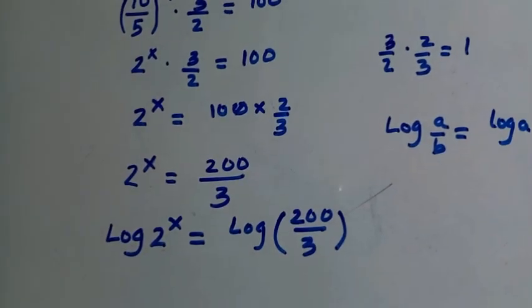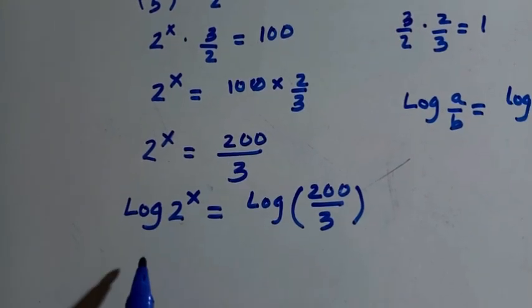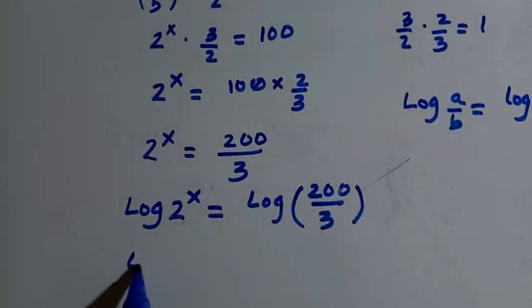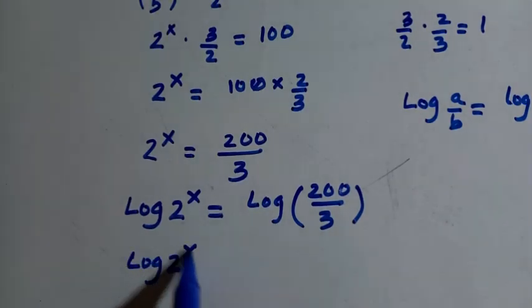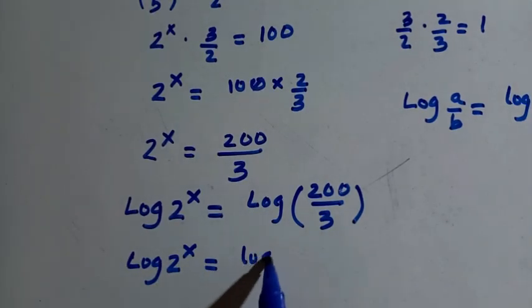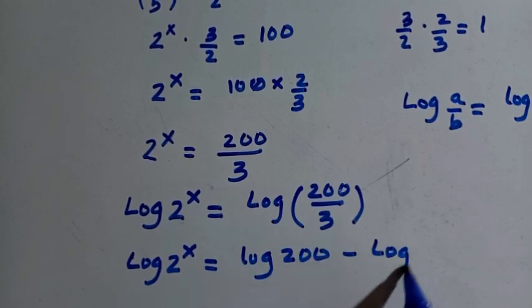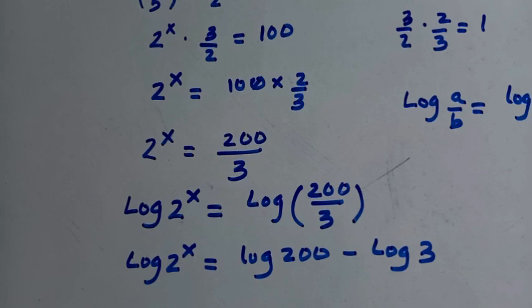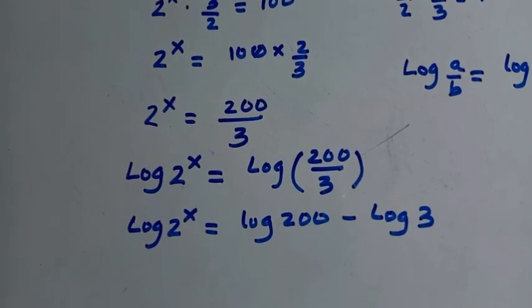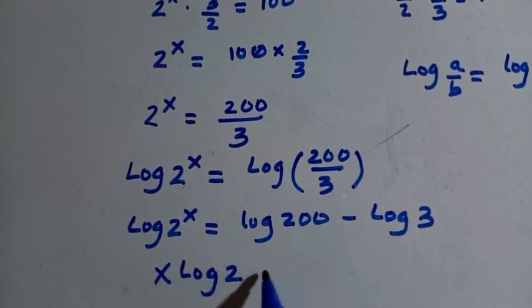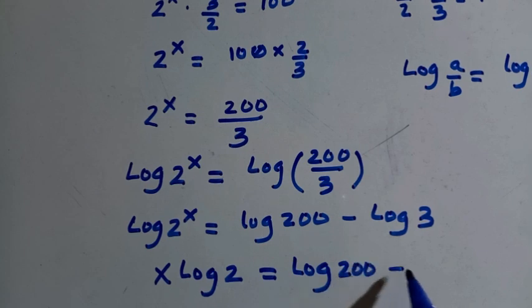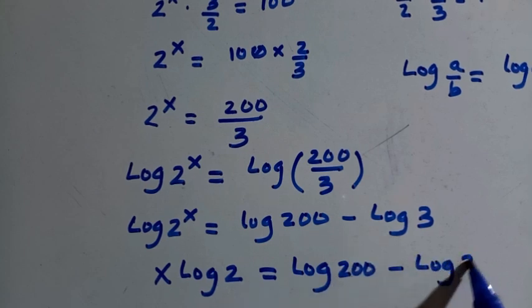So therefore, applying it to this, we have log 2 power x equals log 2 over 2 minus log 3. And similarly, for this log 2 to the power x, we consider it as x log 2 equals log 2 over 2 minus log 3.